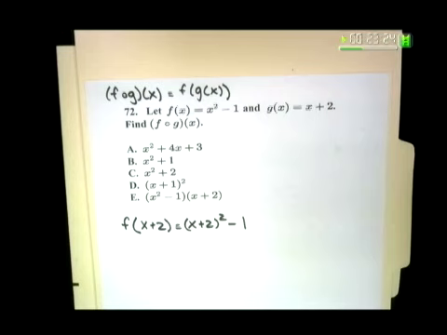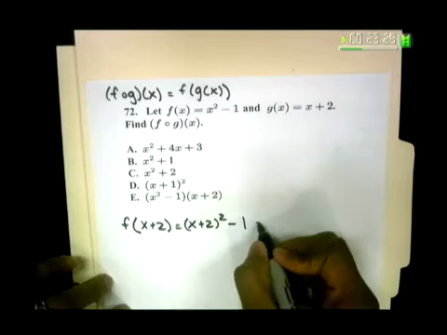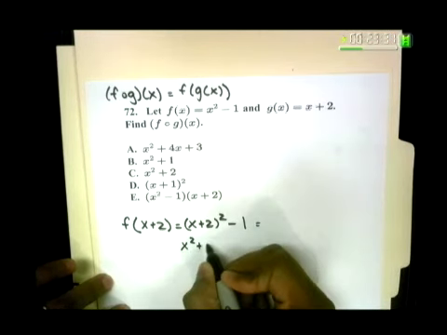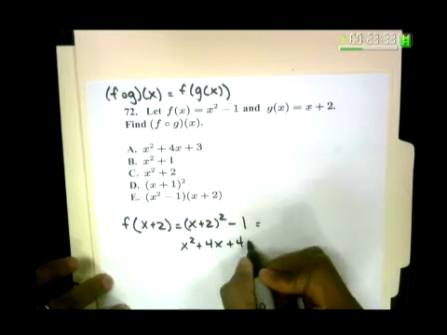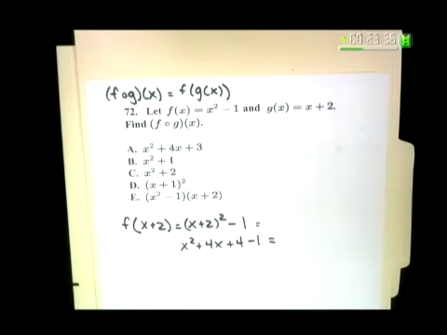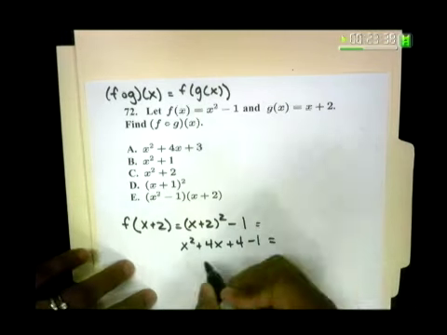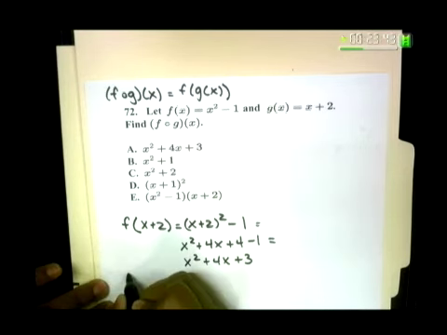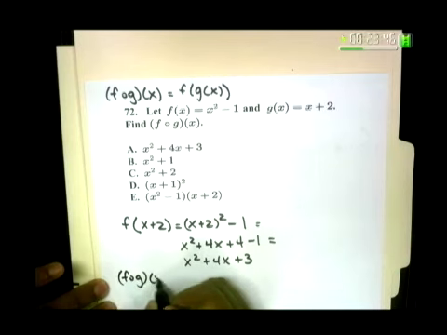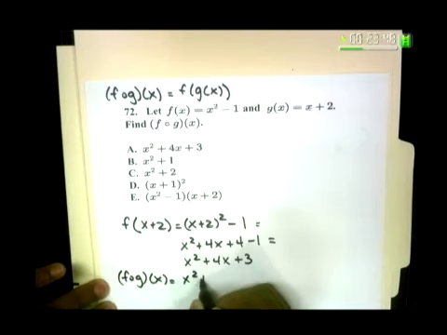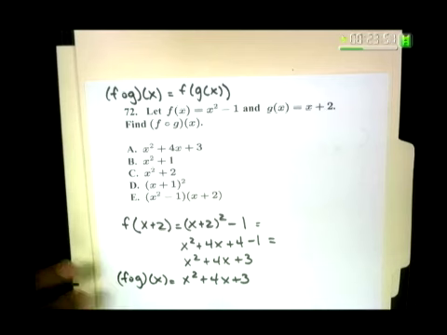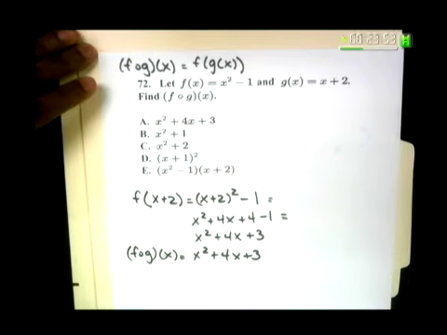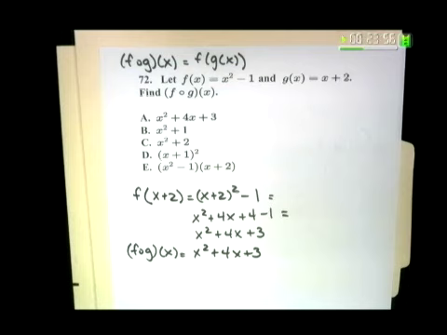And then we can simplify it so that we get x squared plus 4x plus 4 minus 1, which is x squared plus 4x plus 3. So f composed with g of x is this new function x squared plus 4x plus 3, which we created by evaluating the function f of x at g of x equals x plus 2.